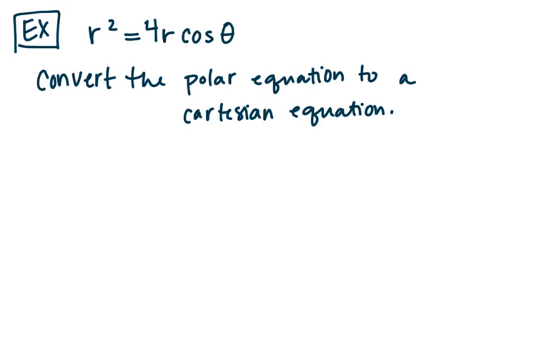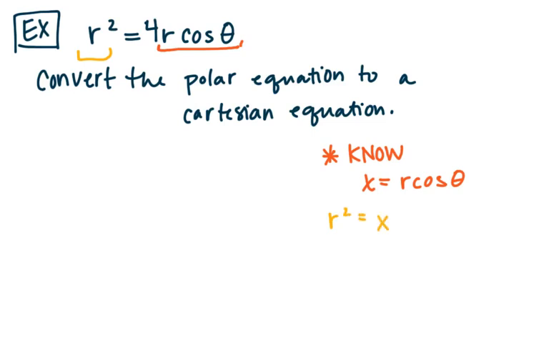So looking at this, remember, I know that r cosine theta equals something. That is something I know. x is equal to r cosine theta. And I also know that r squared equals x squared plus y squared.